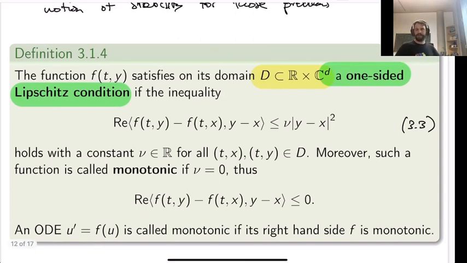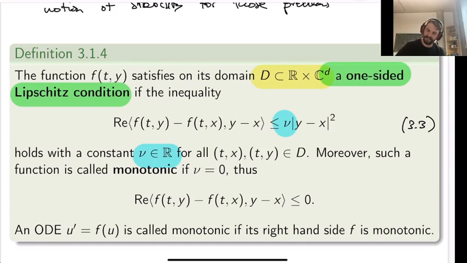So the real part of the inner product of f(t,y) minus f(t,x) with y minus x has to be less than or equal to some constant nu times |y minus x| squared.